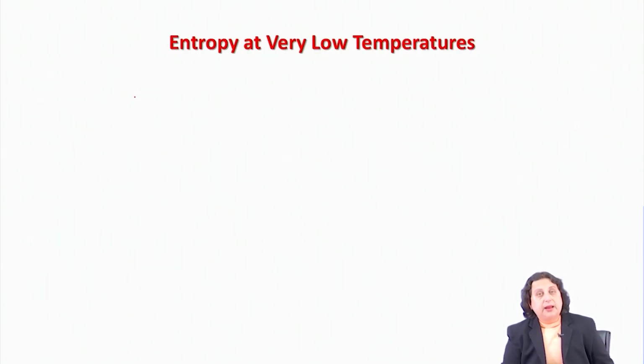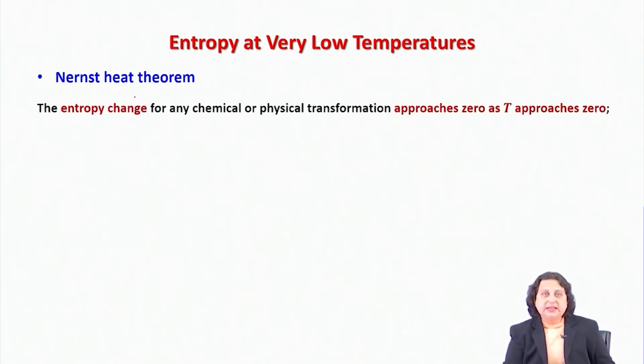So scientists carried out a lot of experiments on systems at very low temperatures, and this is how Nernst gave a heat theorem which summarized a wide body of observation, and it says the entropy change for any chemical or physical transformation approaches zero as the absolute temperature approaches zero.